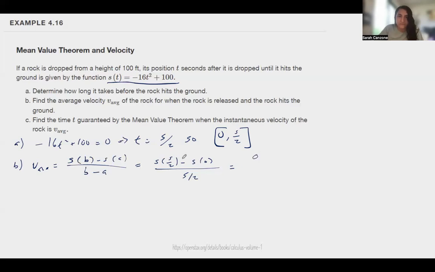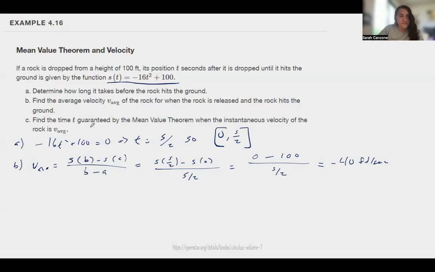So that has to be 0 minus, at 0, we could plug in 0. Well, 0 here just goes to 0 plus 100. So we just get 100 over 5 over 2. And when you actually compute that, you get negative 40 feet per second. So that's the average velocity.